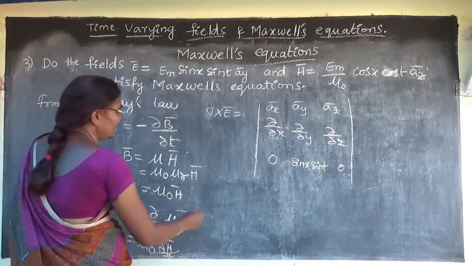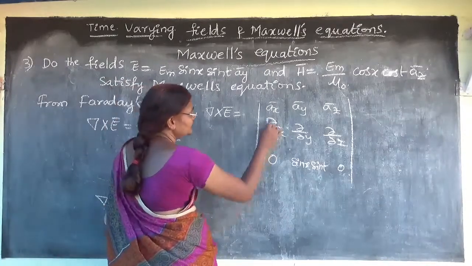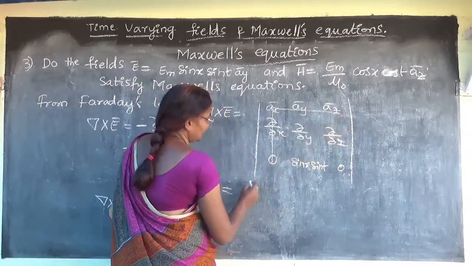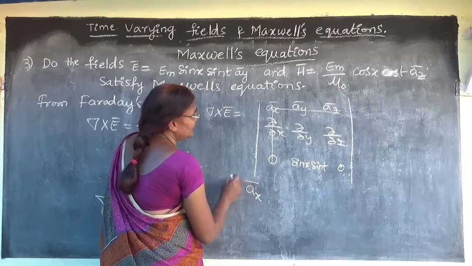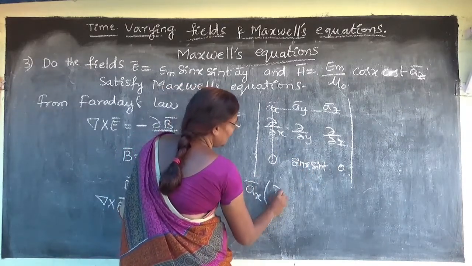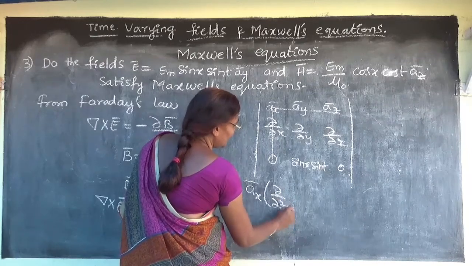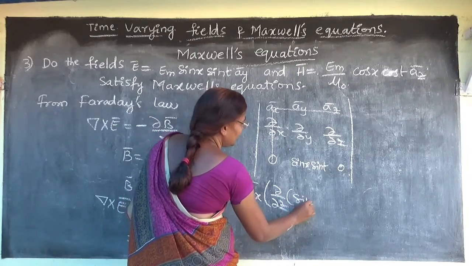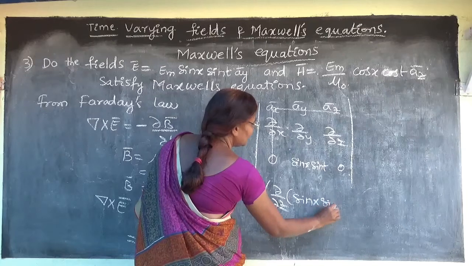So if I expand this, what will be my expansion? Ax bar into dou by dou z of sin x sin t.